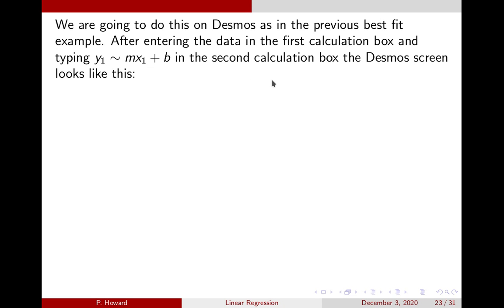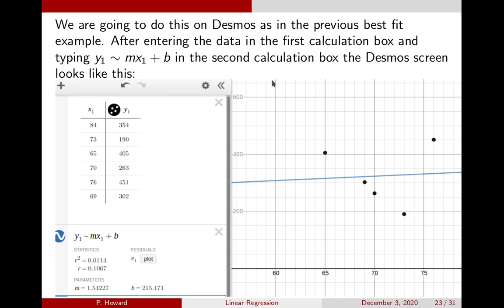And after doing that, the Desmos screen looks like this. So here's the data entered in the table in the first calculation box. All that I have typed in the second calculation box is y1 tilde m x1 plus b.